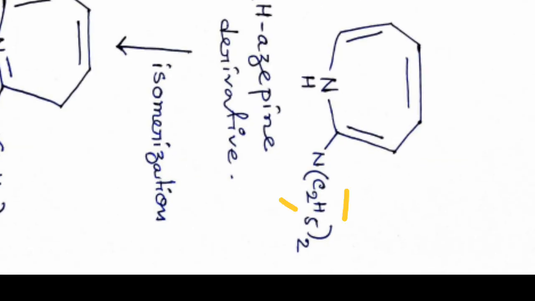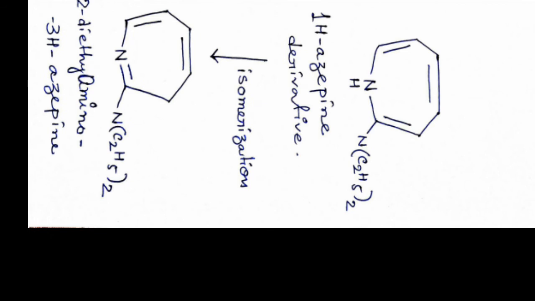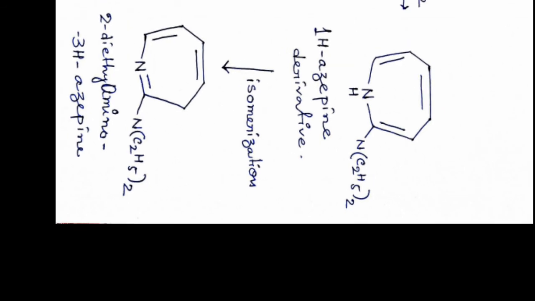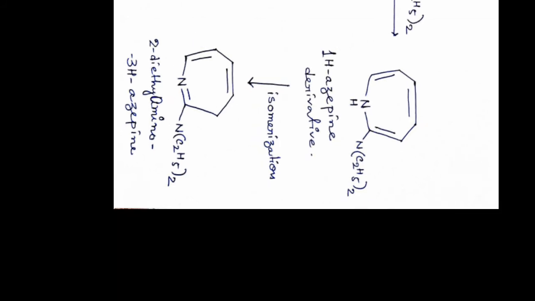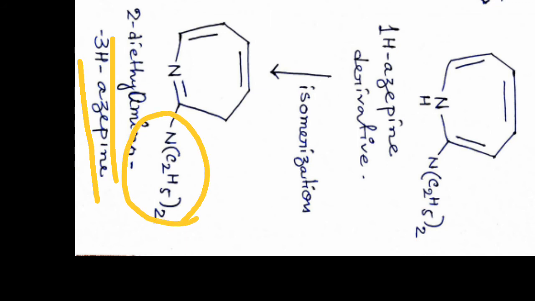Obviously the structure represents the 1H azepine, and obviously it is a derivative because position 2 contains a specific structure, the diethylamine moiety. That is why it is termed an azepine derivative.